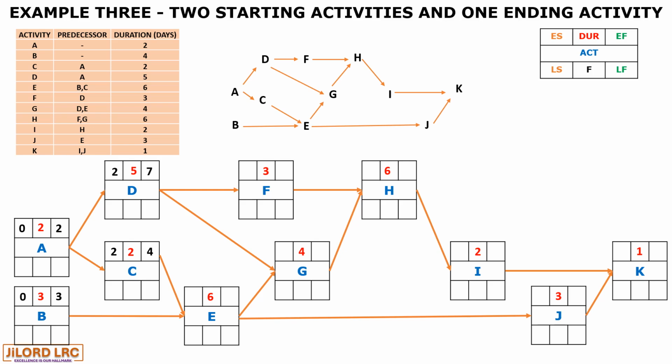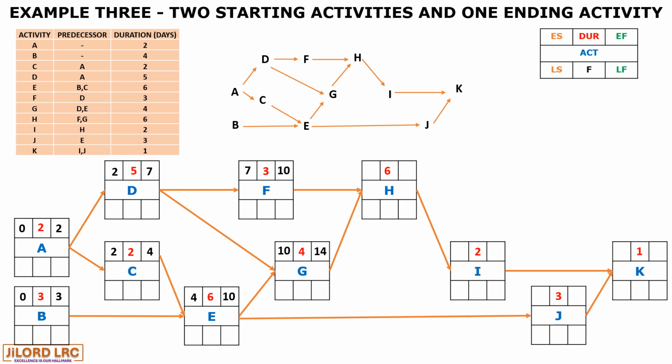And then we look at activity E, using the biggest between activity B being 3 as early finish, and activity C having early finish 4. So 4 is taken based on the explanation given earlier. So the early finish for activity E is 10.